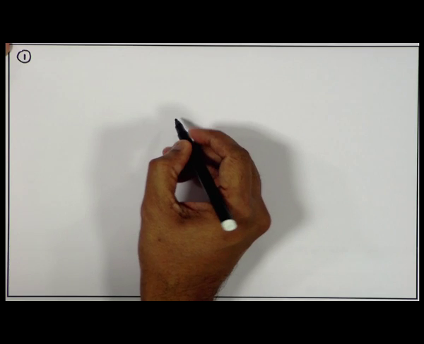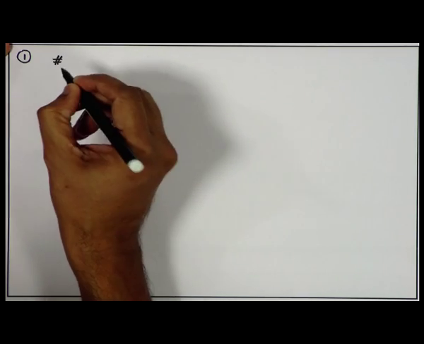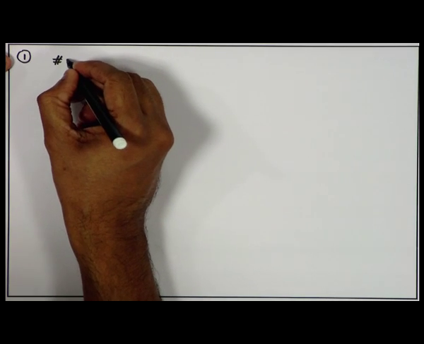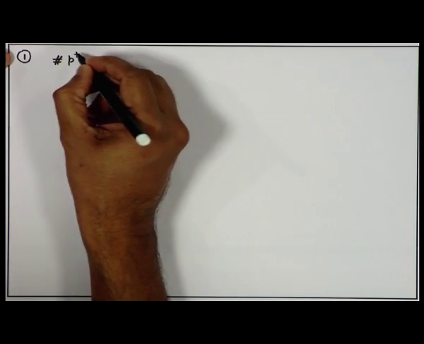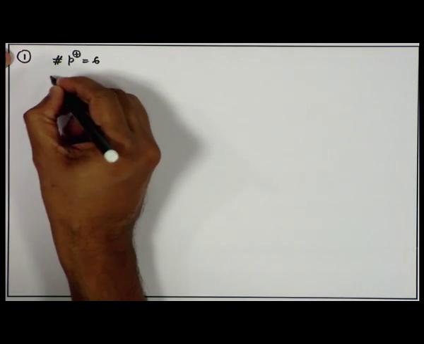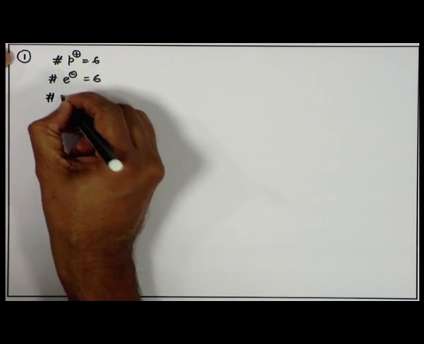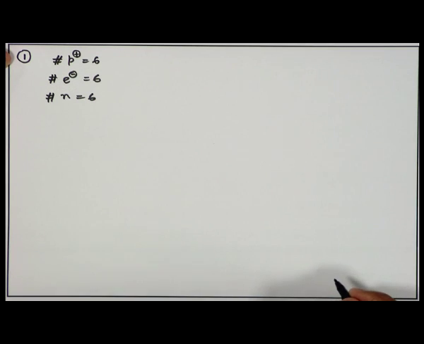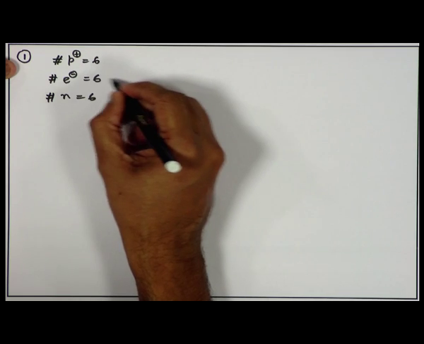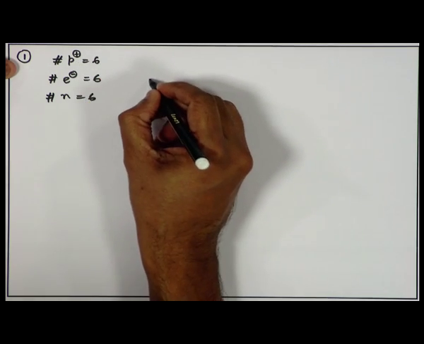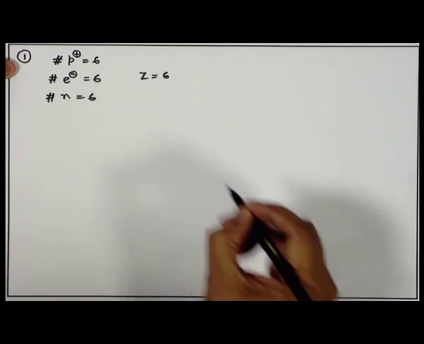All right. Our first example, let us call it example 1. Let us say I will use this hash sign for number. So, let us say I have a system where number of protons is 6, number of electrons is again 6, and number of neutrons is 6. What can we say about this atom? All right. We know that the atomic number of this atom, that is Z, is 6.